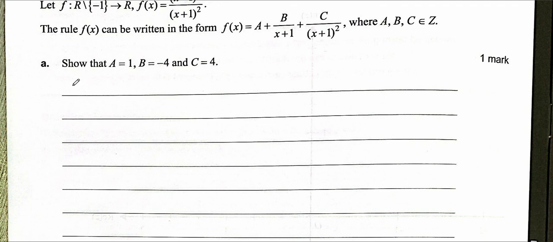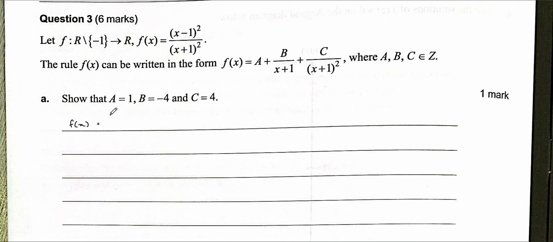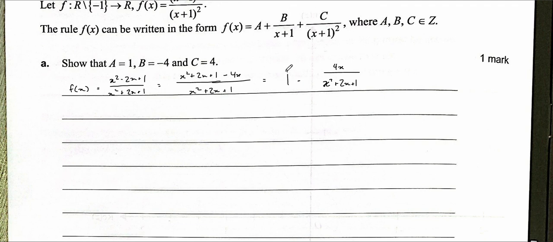So f of x is equal to x squared minus 2x plus 1 over x squared plus 2x plus 1, which is equal to x squared plus 2x plus 1 minus 4x in the numerator, over x squared plus 2x plus 1, which is equal to 1 minus 4x over x squared plus 2x plus 1. So that shows that a equals 1.